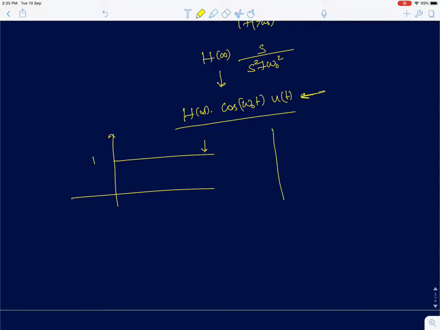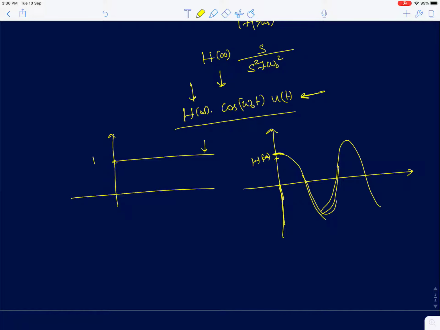Because the high frequency gain is h infinity, the instant you apply the step input, it is multiplied with the high frequency gain h infinity and you get that at the output. After that, eventually the average value is 0, so it has to be an oscillatory behavior with 0 average value. That's why it starts at h infinity and then goes off as a sinusoid.